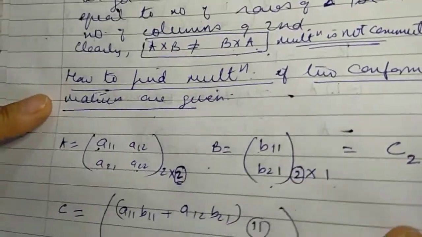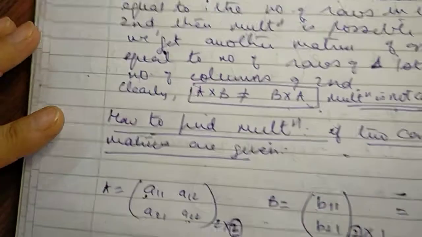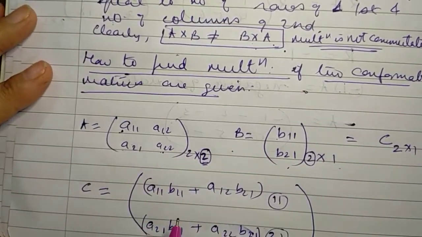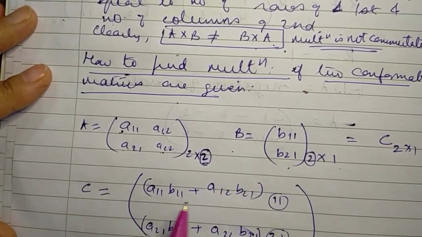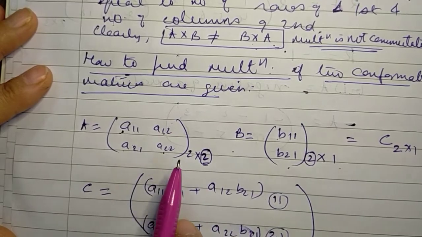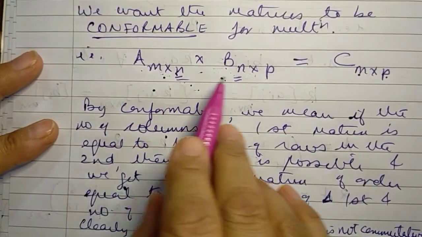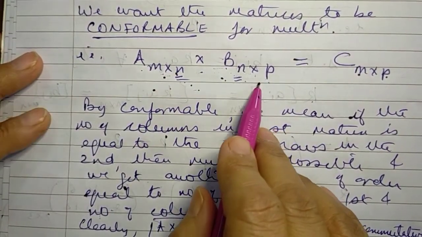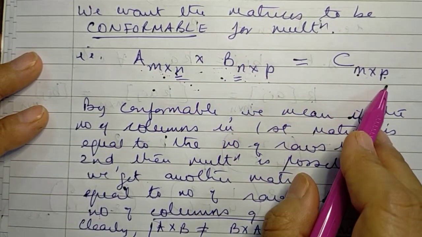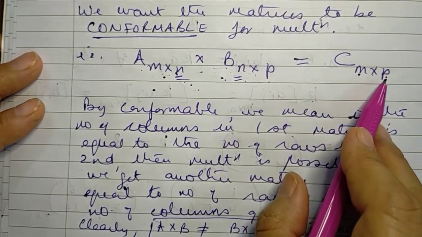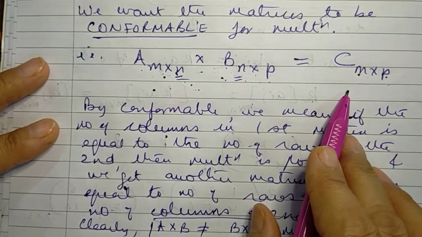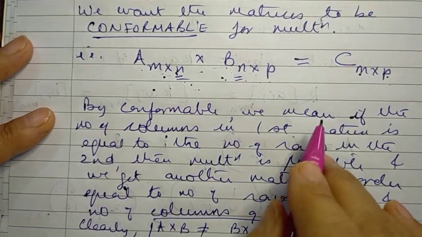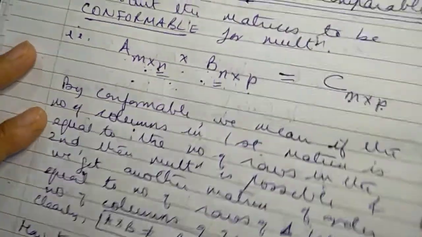So basically for finding the multiplication, we multiply an M by N matrix with an N by P matrix. We get back an M by P matrix. Let us write in general.